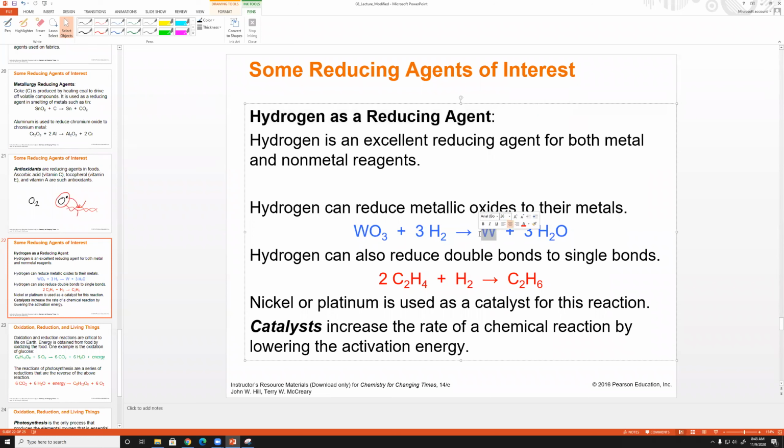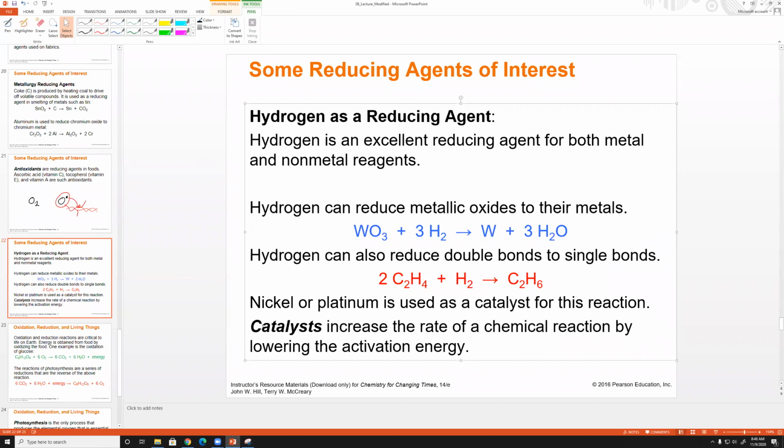And tungsten is a really important metal. I think it has the highest boiling point of any metal. It's the most heat resistant. So that's used in a lot of different things, like tungsten lamps and tungsten electrodes.